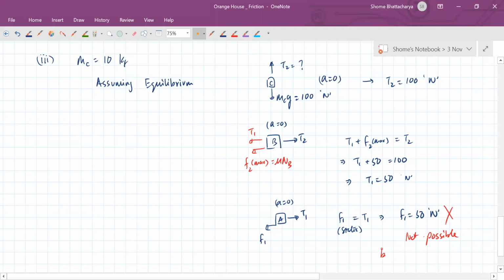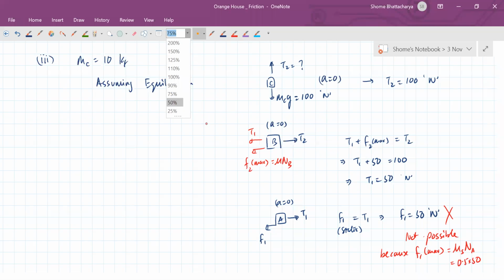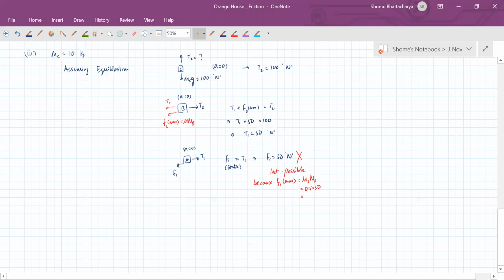This is not possible because F1's maximum possible value is equal to 0.5 into 50. So we need double the amount of friction which is available. We need 50 newtons of friction, but the available friction is only 25 newtons.